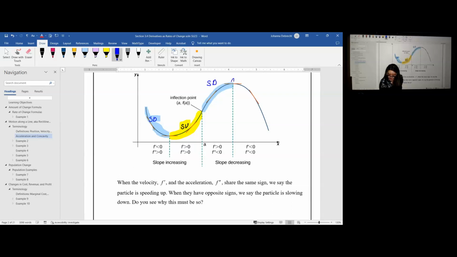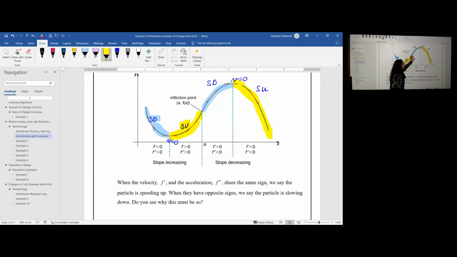Right here, V equals zero, and V equals zero here. Then it gets moving again because the tangent line's no longer horizontal. The velocity must be negative, but it must be, in fact, speeding up because it was stopped. So here we must have another yellow section.